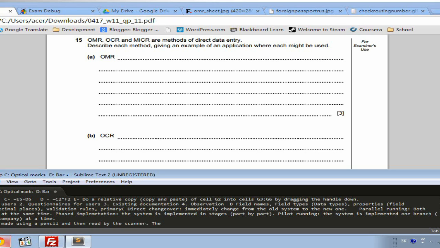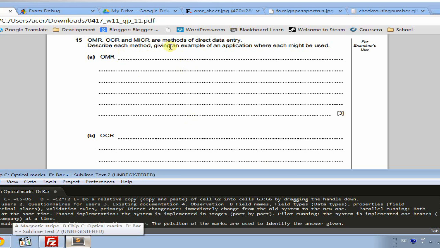The position of the marks are used to identify the answer given. Okay, so marks are made using the pencil and then read by the scanner. Okay, that's the first part.